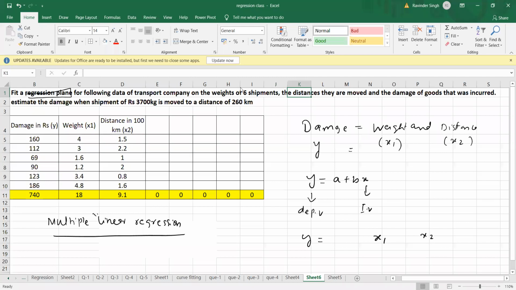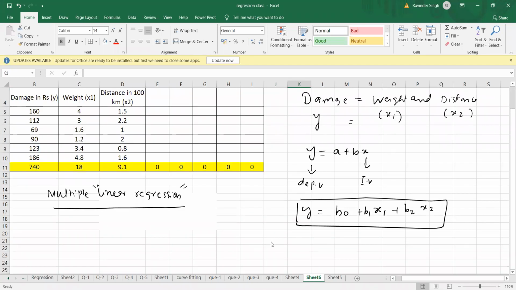Multiple means you have more than one independent variable. So now the regression equation for this set of data will become y = b0 + b1 x1 + b2 x2. b0, b1 and b2 are your regression coefficients.